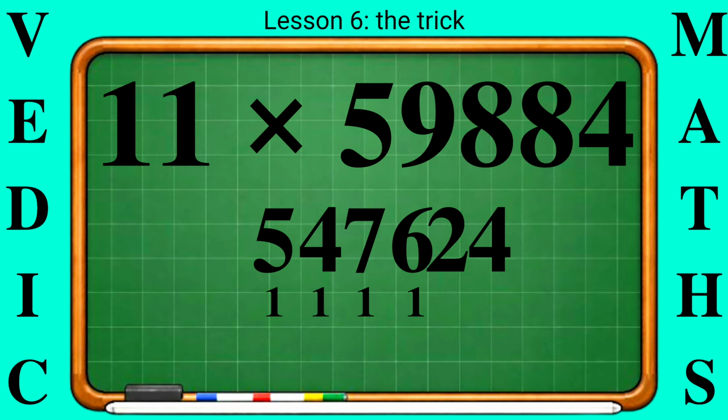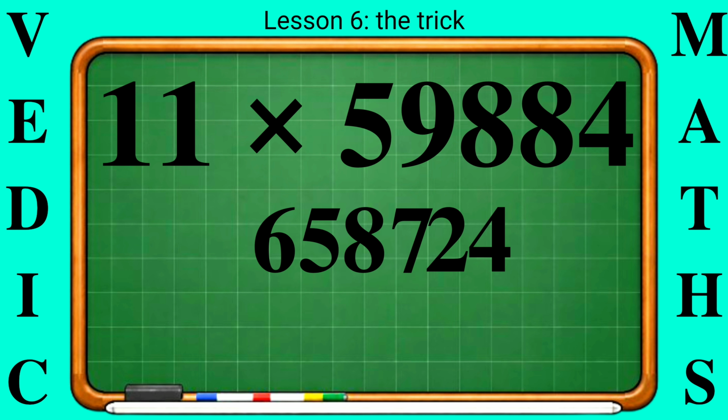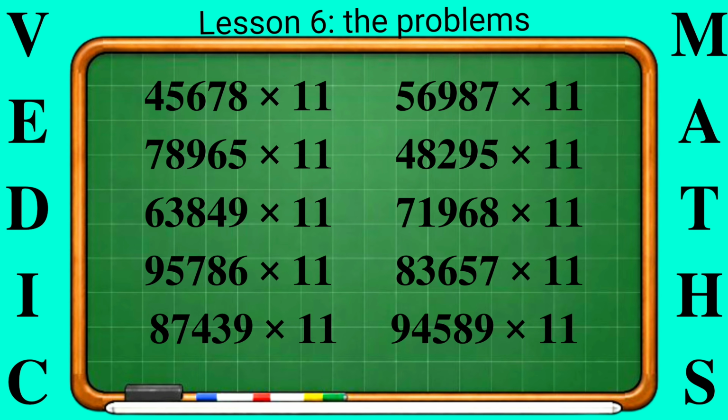Now here are the numbers, but they're two-digit, so we use carry. By doing the carries, we can put them in the middle, replacing those digits, and done. We got the answer 658,724.